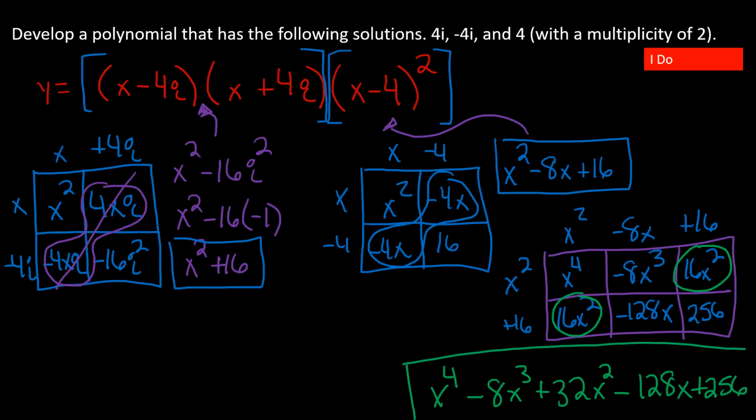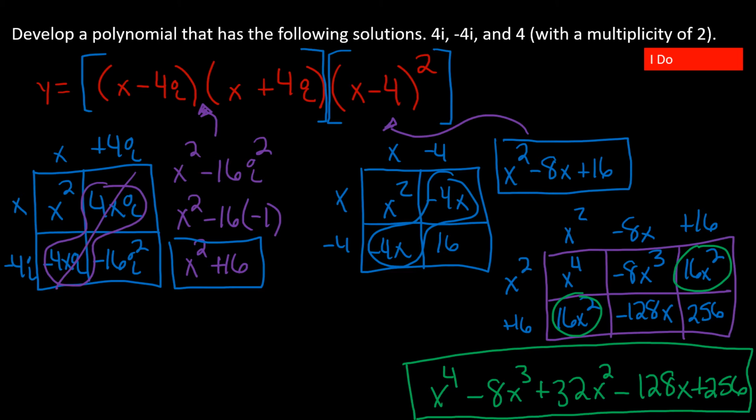There you go. So to recap this one, because this was a little bit of a lengthy problem, it's asking us to find an equation, okay, to develop a polynomial that has the solutions of 4i, negative 4i, and 4 with a multiplicity of 2. So that first factor is x minus 4i, that satisfies 4i, x plus 4i, which satisfies the negative 4i, and x minus 4 squared, because our factor is 4, but we want a multiplicity of 2, which means this is happening twice.